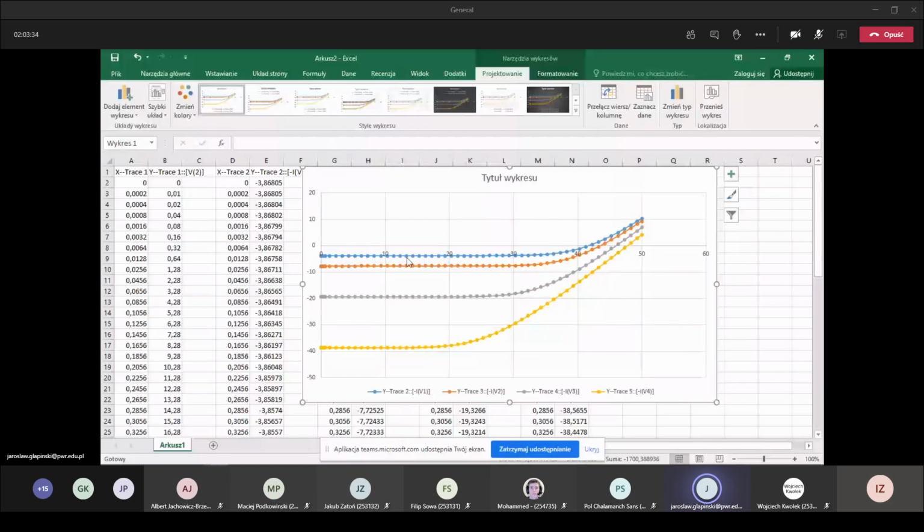Yes, more light, more current going through this photovoltaic cell. Okay, so what now? This is the characteristic of the cell.